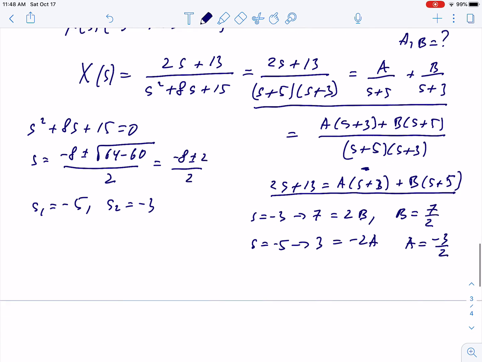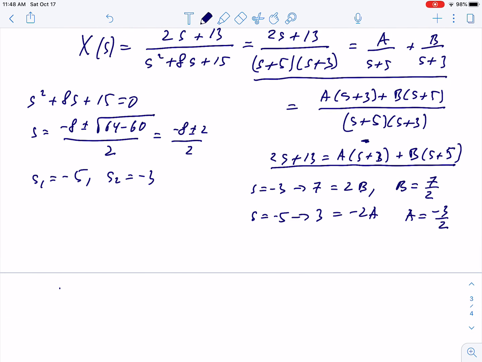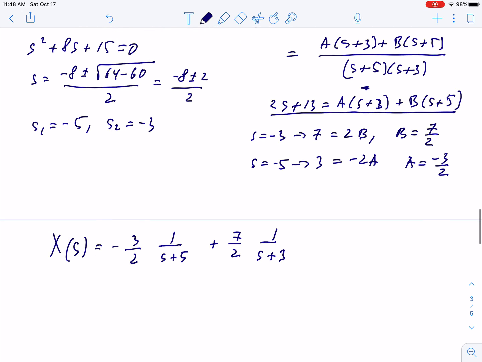Excellent. I can now write the big X will be negative 3/2 times 1 over s plus 5, deliberately putting the coefficient in front, and plus 7/2 times 1 over s plus 3. We can invert very easily. From the table we use the formula for the transform of the exponential function.